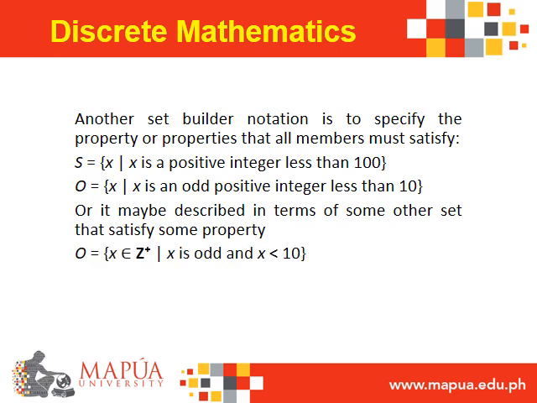In this case, set O contains values of x which are elements of the positive integers that fall within this given range. Likewise, in this given set, S contains x which are real numbers that satisfy this given equation.